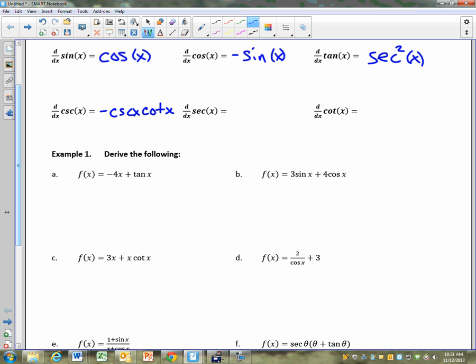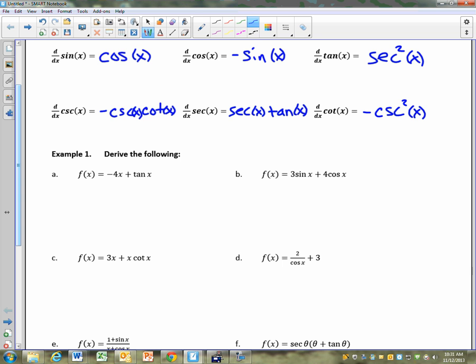The derivative of secant of x is secant of x tangent of x. So again, you are going to have to memorize these for the test. And the derivative of cotangent is negative cosecant squared of x.